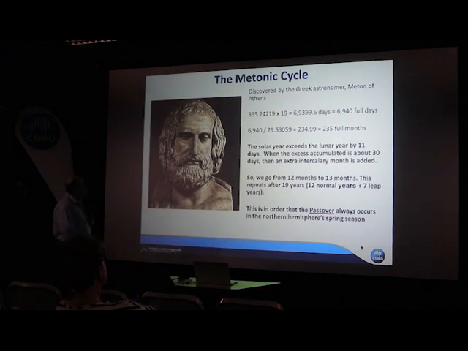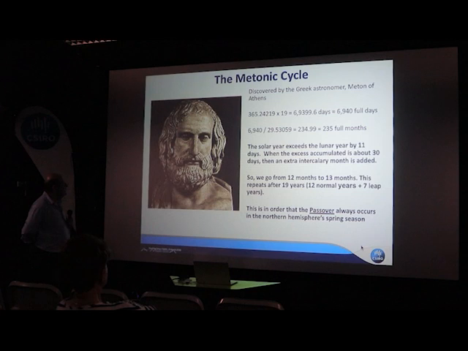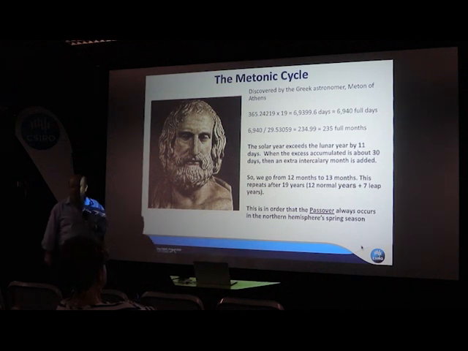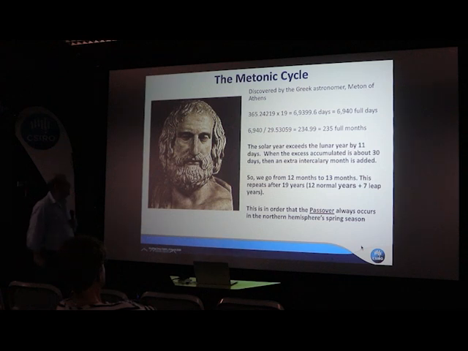The Metonic cycle was actually discovered by a Greek astronomer called Meton of Athens, named after him, and he found that every 19 years you could fit almost a full number of months of lunations in there, 235. So that after 19 years the cycle would repeat itself. So you only had to think about that 19-year cycle.